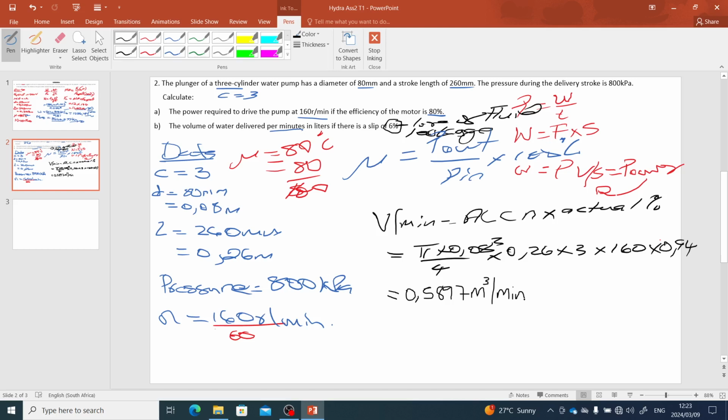Now, I did indicate that we need to convert it to liters, because that's exactly what they want. They want us to give their answer in liters. It means we need to multiply by 1000.